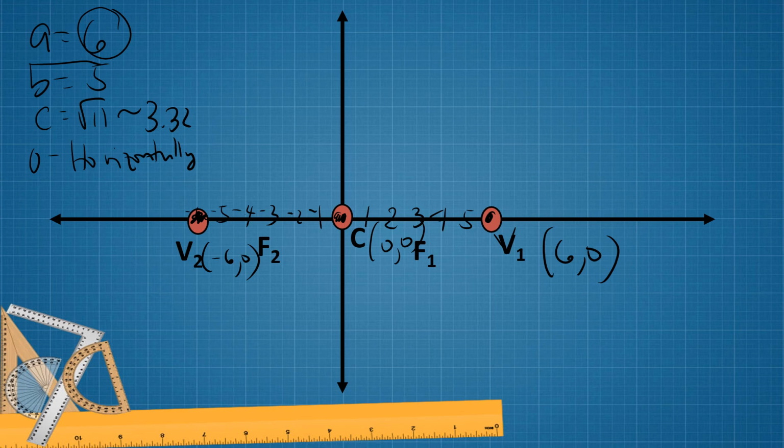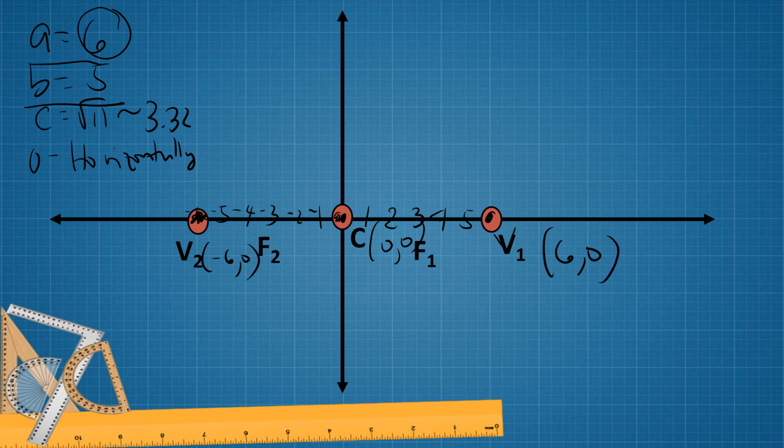Now, the next step is we can locate the co-vertices. In order for us to locate the co-vertices, we're going to use b equals 5. So we're going to count 5 units, upward and downward. Why? Kasi po, nilocate natin ang vertices, nagbilang tayo ng 6 units left and right. So, ibig sabihin ngayon, kasalungat naman.